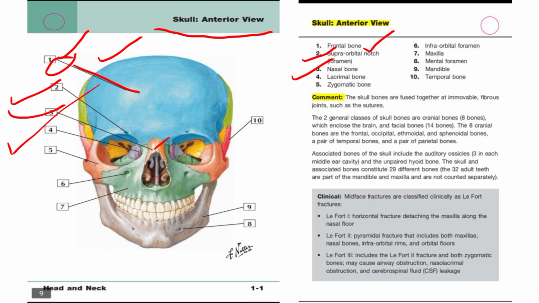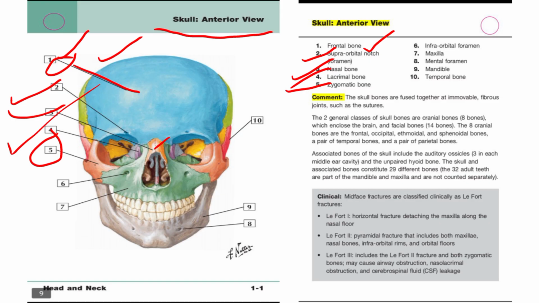And the fourth label you can see here in purple, small, is the lacrimal bone. The fifth label you can see is the zygomatic bone.